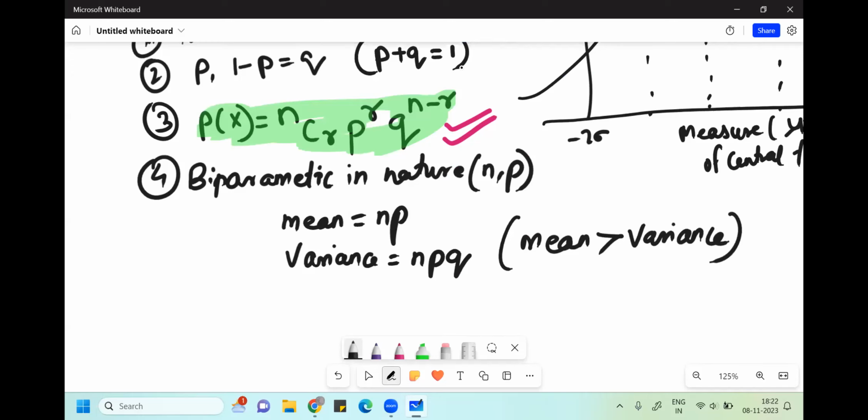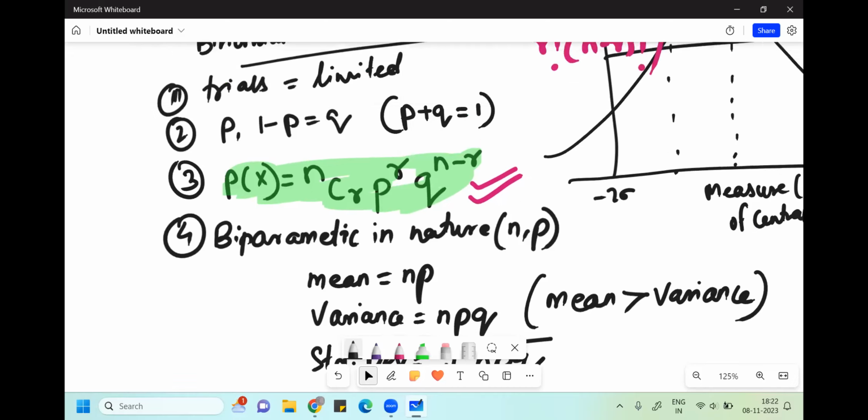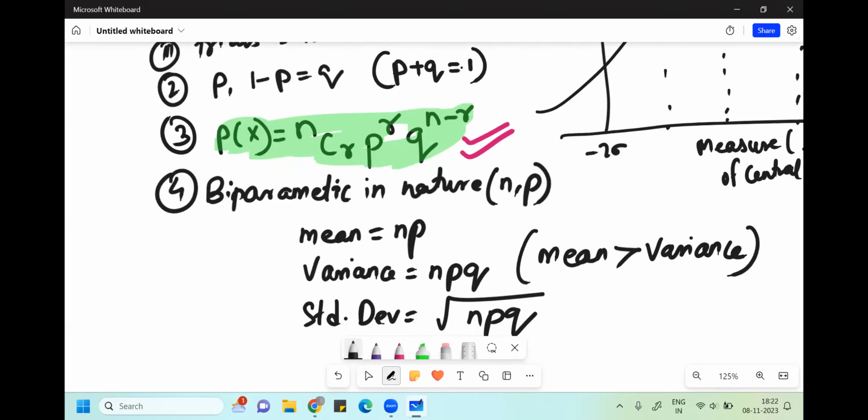If your variance is npq, the standard deviation would be the square root of npq. Any doubt? Please remember the formula of mean, variance, and standard deviation.